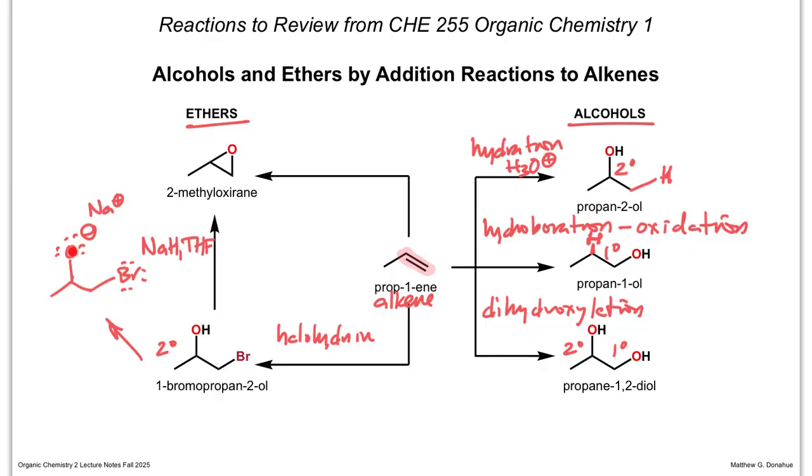So now we have something that's a nucleophile, a carbon that's an electrophile with a good leaving group. So that will close down to cyclize to this ether.